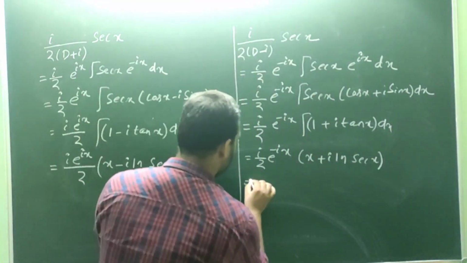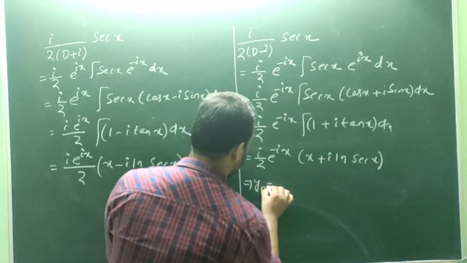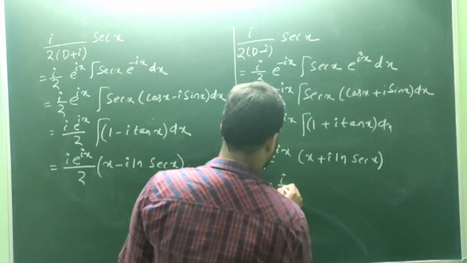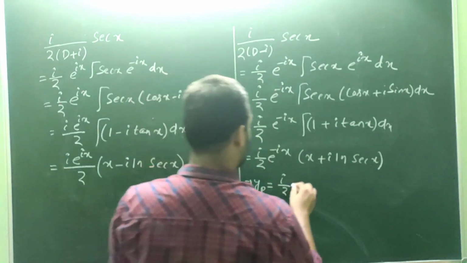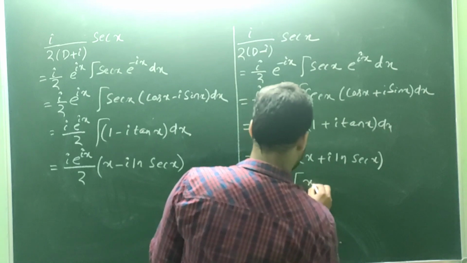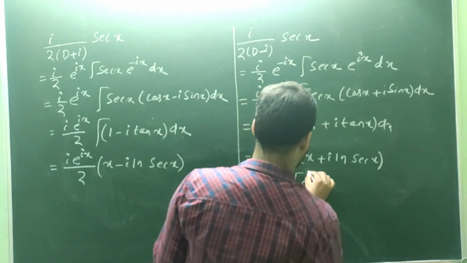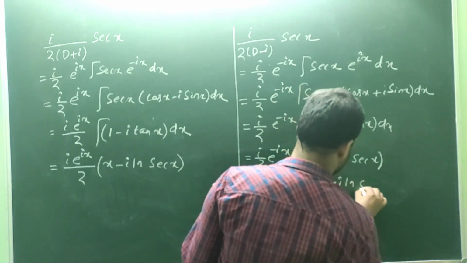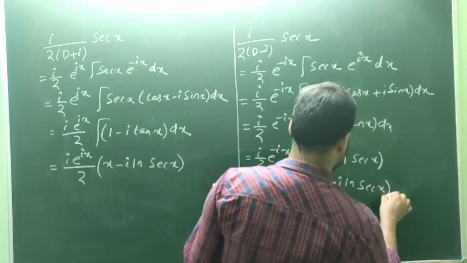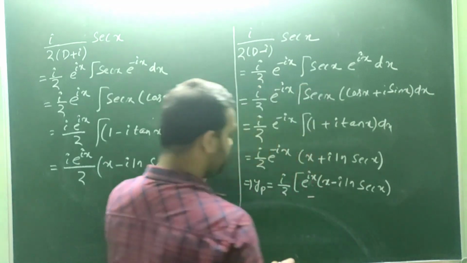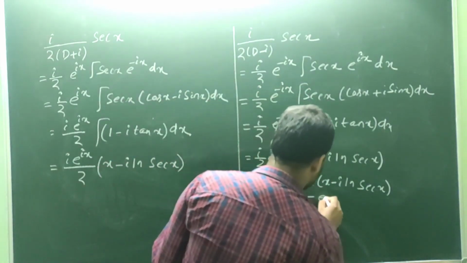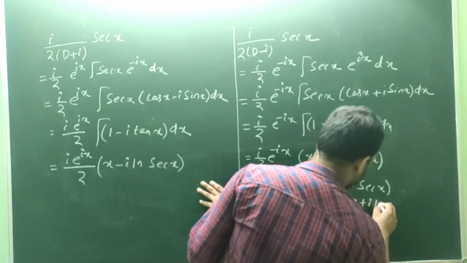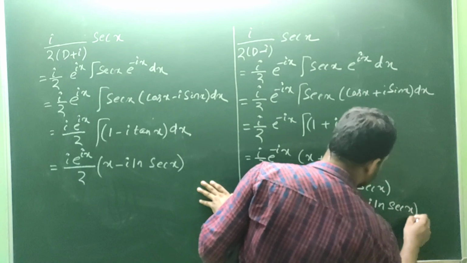And finally we can write down y_p is equal to i/2 common. And after that we can write down e^(ix) times (x minus i log sec x) minus, because there was a minus term in between, e^(-ix) times (x plus i log sec x).